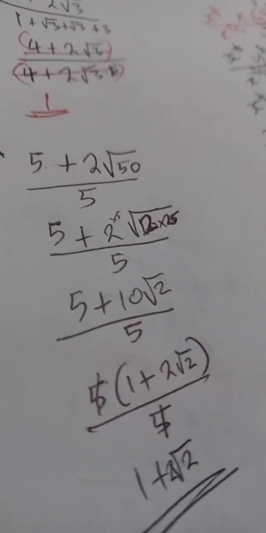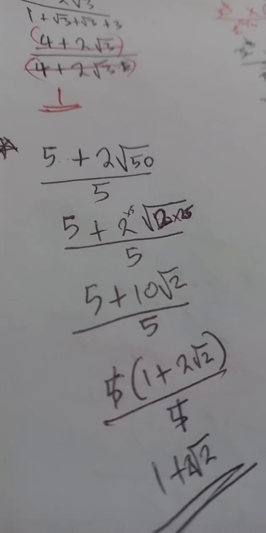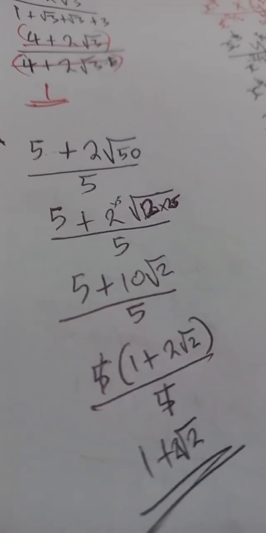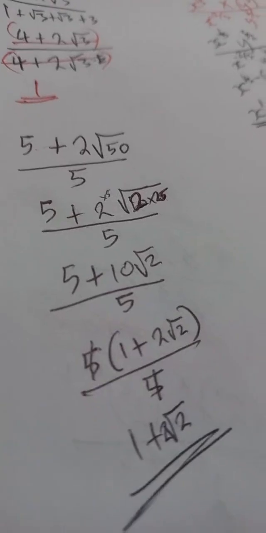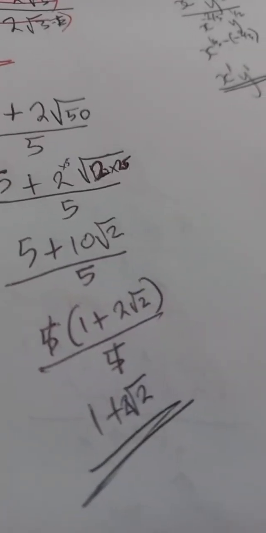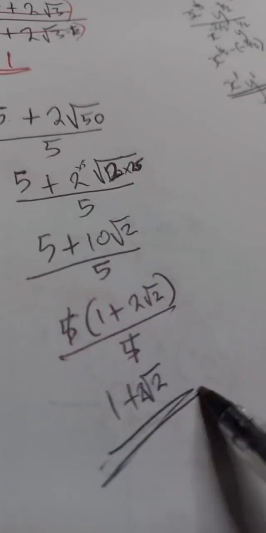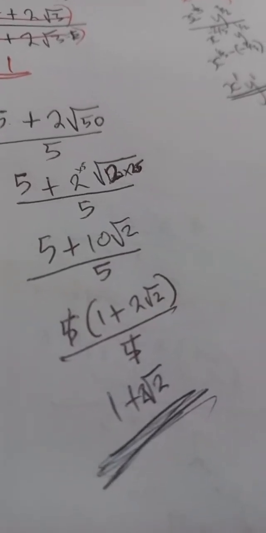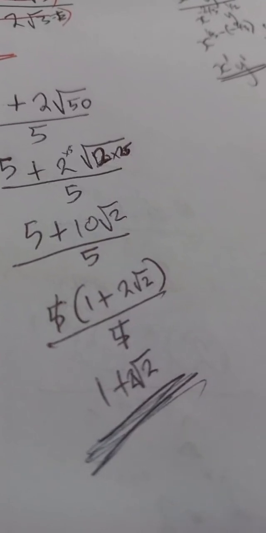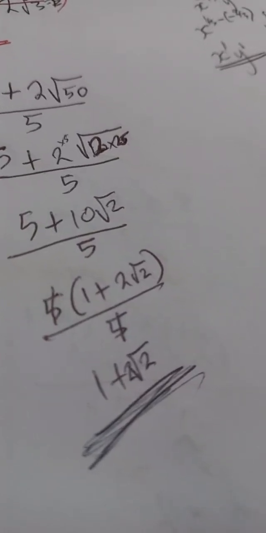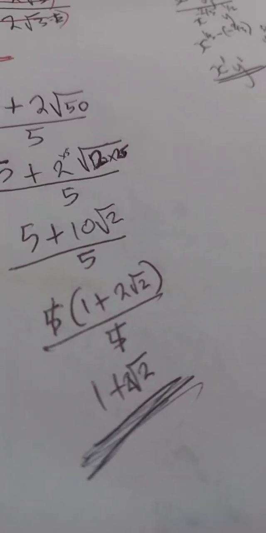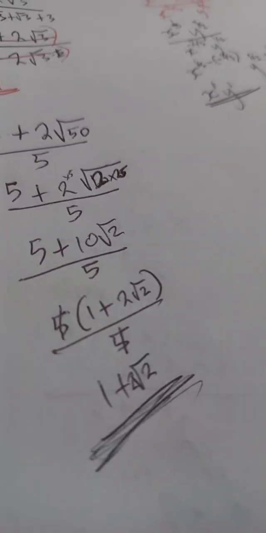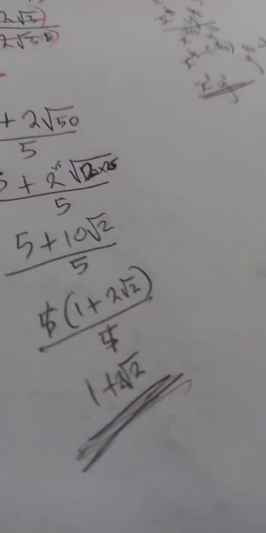If you take your calculator, it will give you 3.83. Take your calculator and punch this and check if you will get your answer. You see? This will give you 3.83.